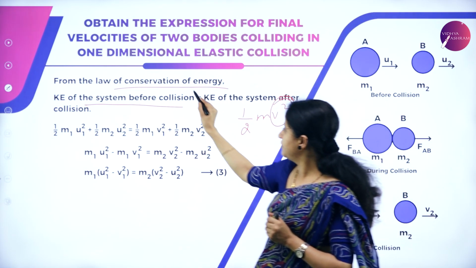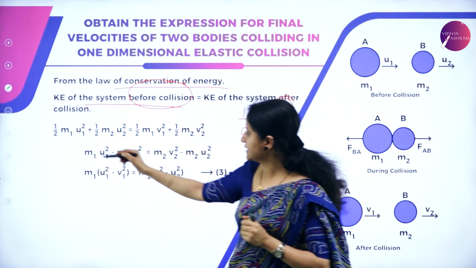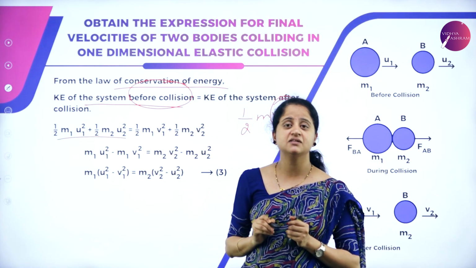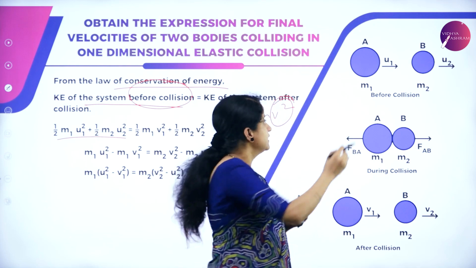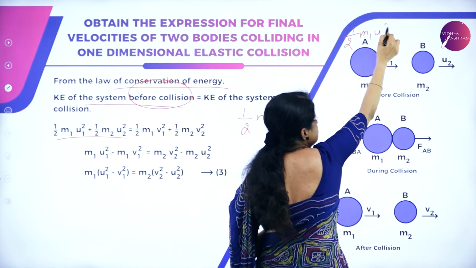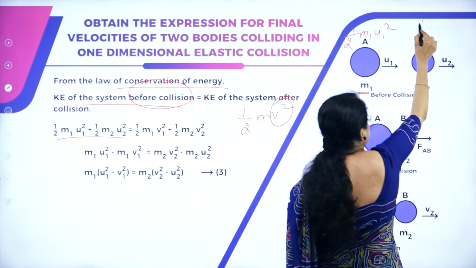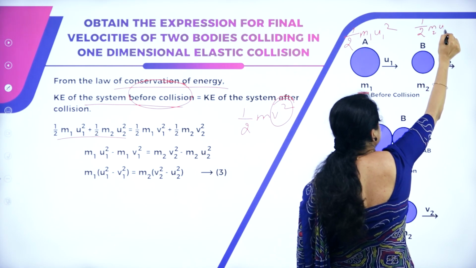Clear? So here before collision the velocities of bodies are u1 and u2, and hence the kinetic energy of this body is half m1 u1 square, since its mass is m1 and velocity is u1, and for this body half m2 u2 square.